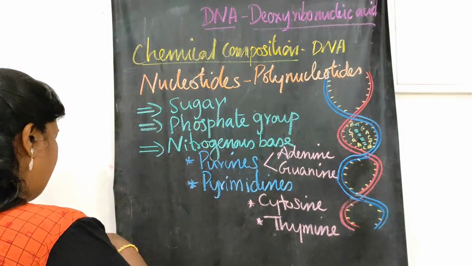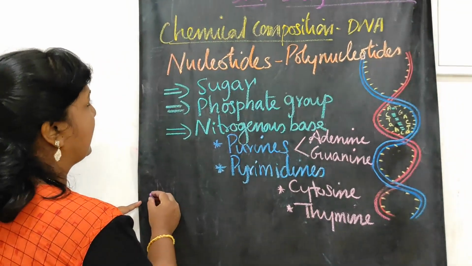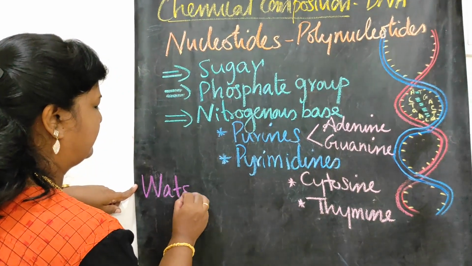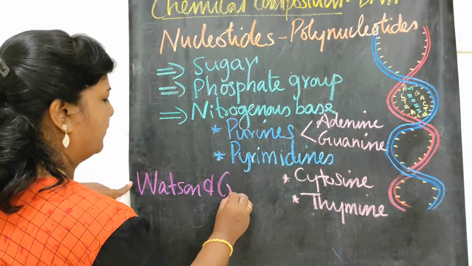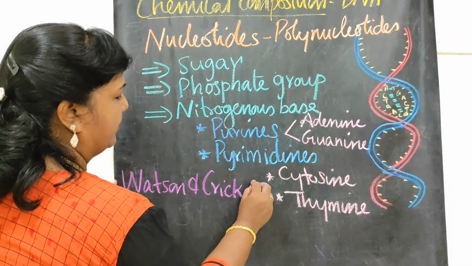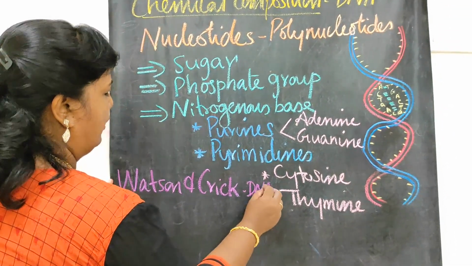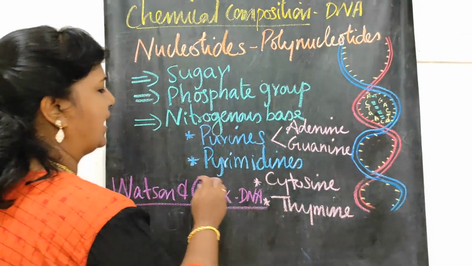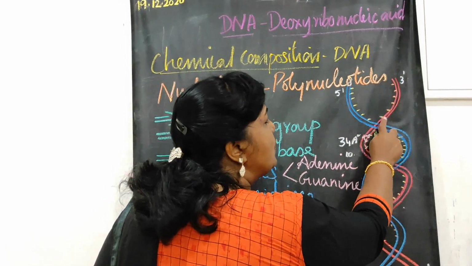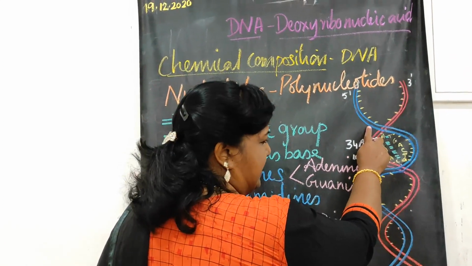Now coming to the Watson and Crick model of DNA. The DNA molecule consists of two polynucleotide chains.